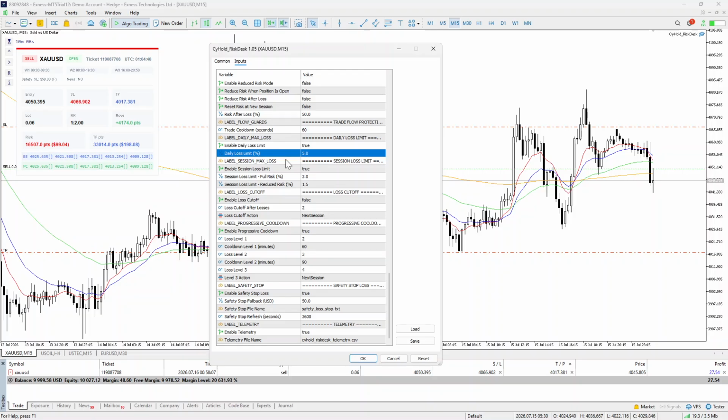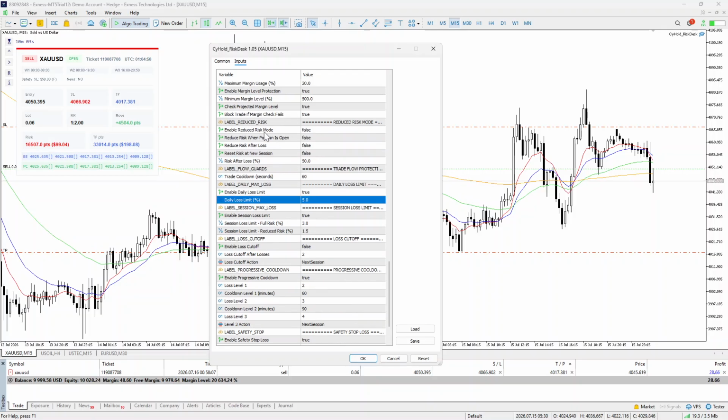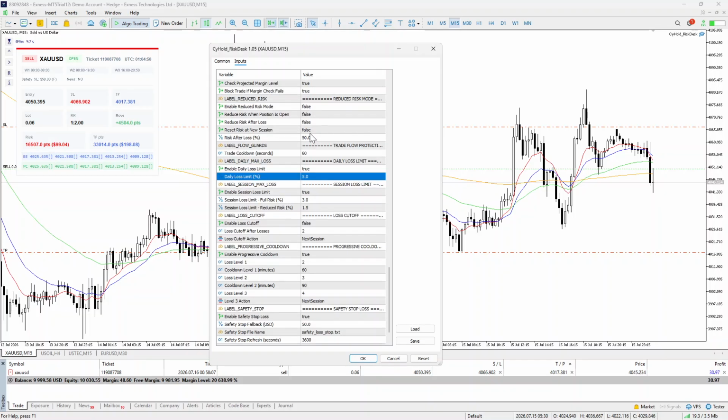And if you started the session with reduced risk, you can put a lower risk for a session that started with a reduced risk. And once the reduced risk is active, if you lost and you have reduced risk for the next trade, it will increase the risk to the full risk only after a win.